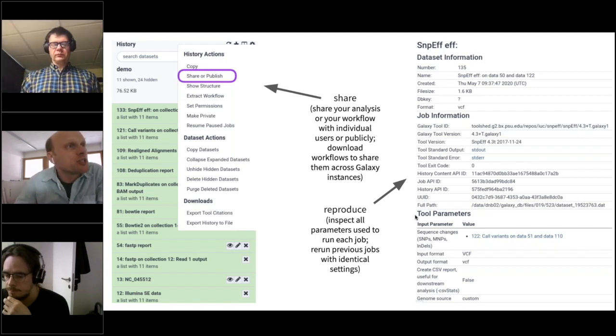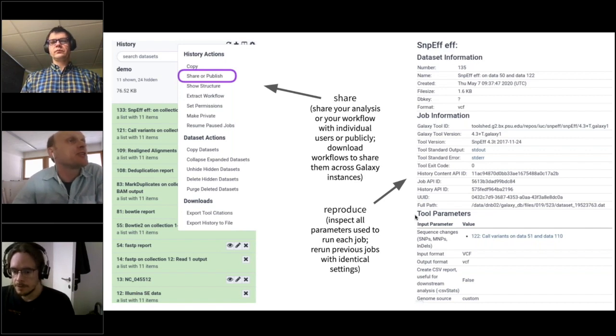And what I just showed you should work on an ever-growing number nowadays of public Galaxy servers, including the US server, the Australian server, the Belgian public server, and the French public Galaxy instance, and Galaxy-EU, of course.